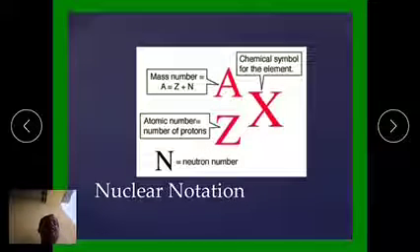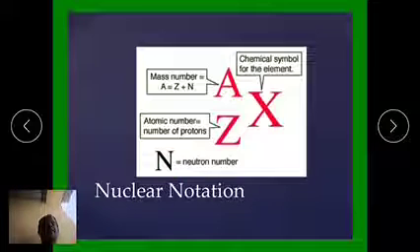Its notation is X with A and Z, where X indicates the chemical symbol of the element, A indicates the mass number, and Z indicates the atomic number.